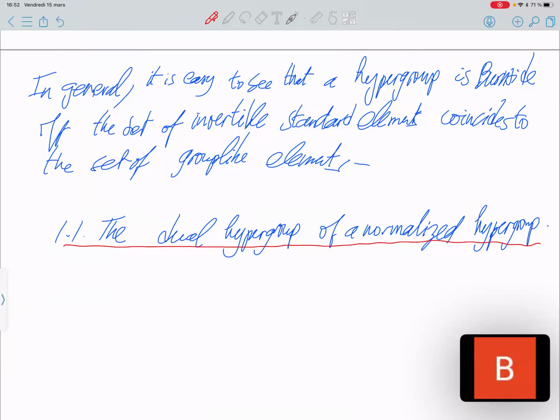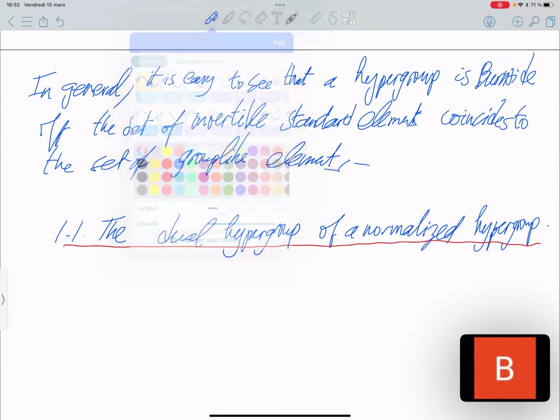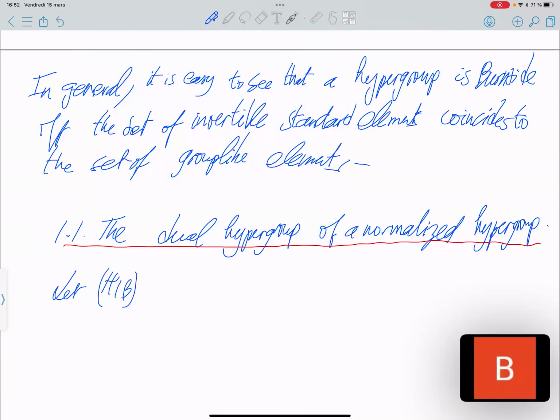Okay. So let H be an abelian normalized hypergroup.